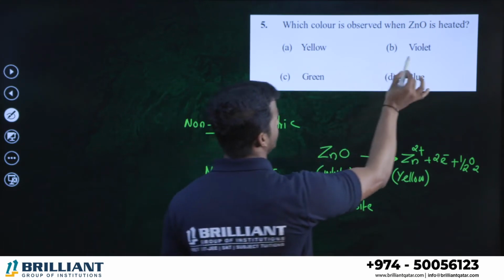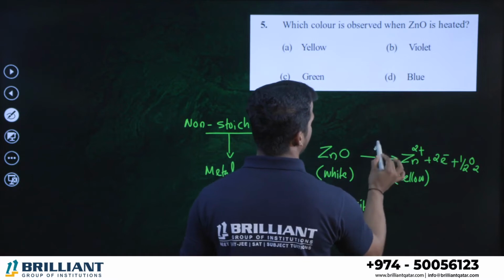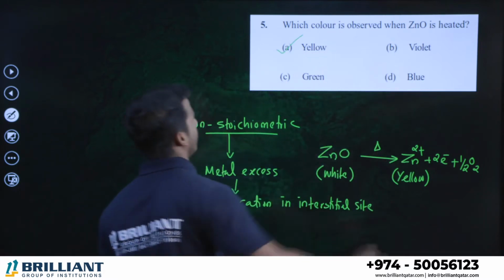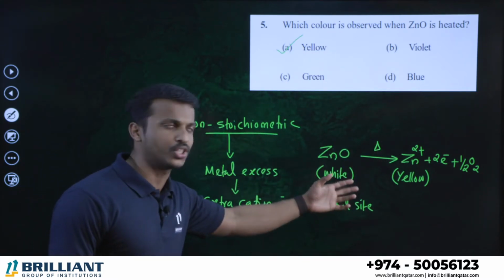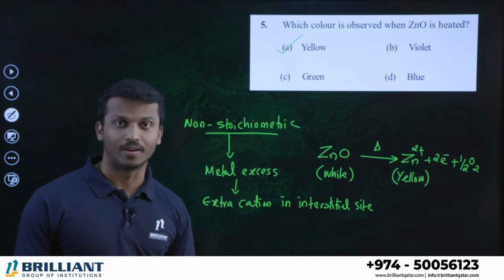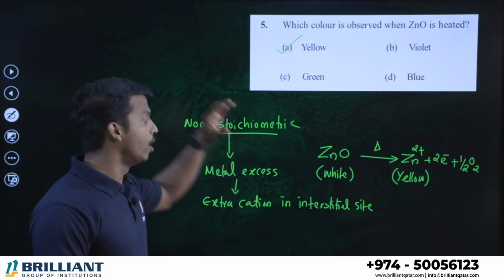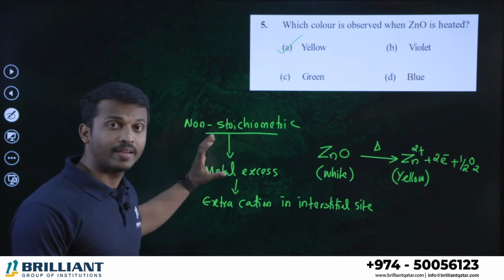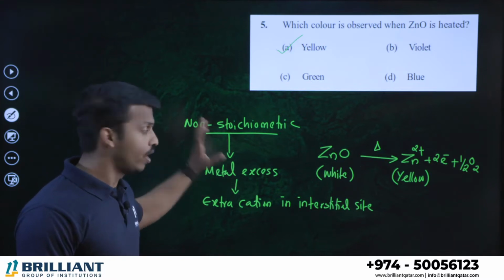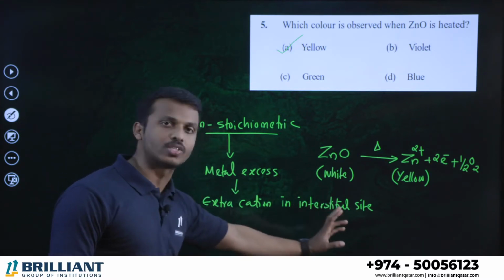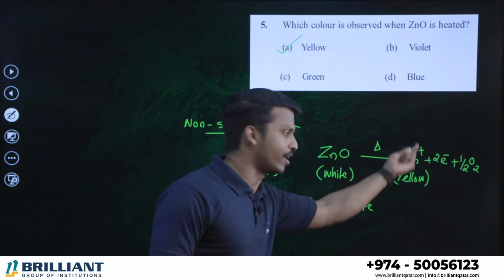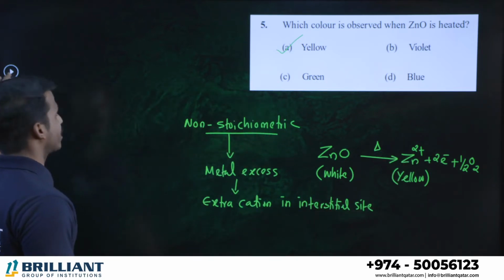So the color observed when zinc oxide is heated is because of the Zn2 plus formation. That color is yellow. Which part? Solid state chapter, non-stoichiometric defect, metal excess defect due to an extra cation in the interstitial site. Which is the extra cation here? Zn2 plus. Alright. Next one.